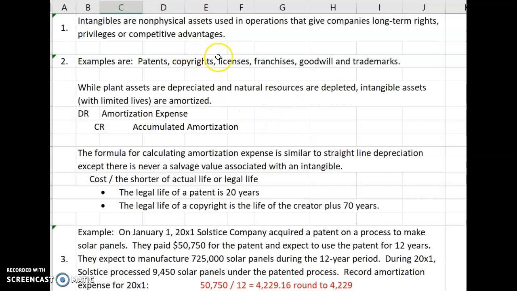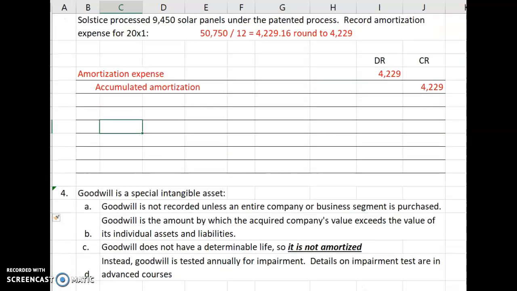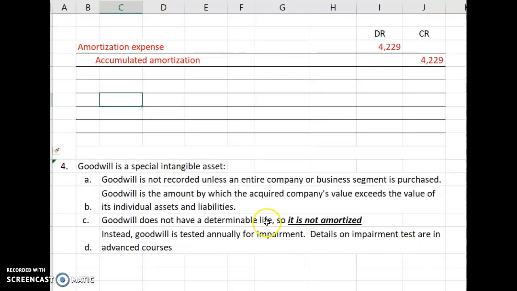Copyrights, licenses, franchises, trademarks all have limited lives. Goodwill does not have a limited life. Therefore, you can't calculate amortization expense for goodwill. So do not amortize goodwill. Instead, goodwill is tested annually for impairment. Details on impairment tests are in advanced courses, and that's all we need to understand about goodwill for this class.